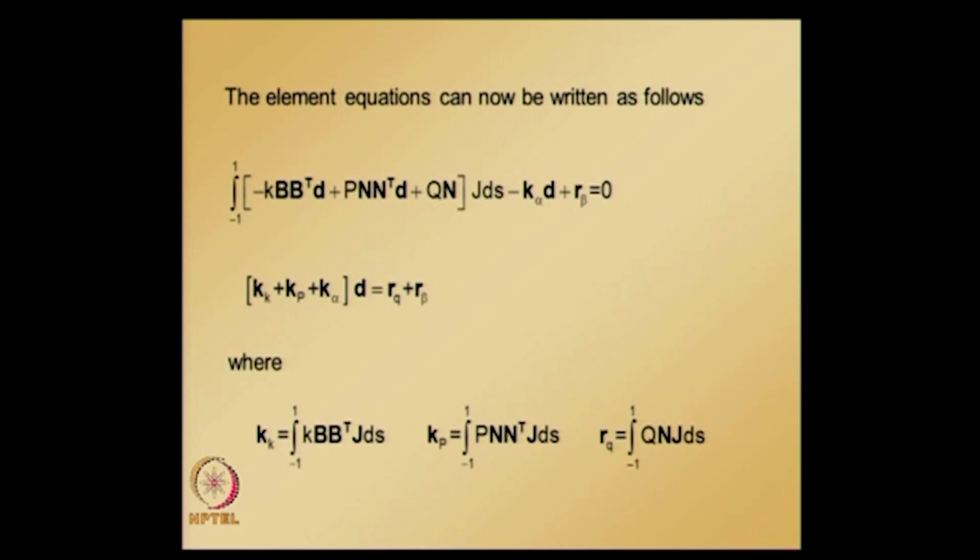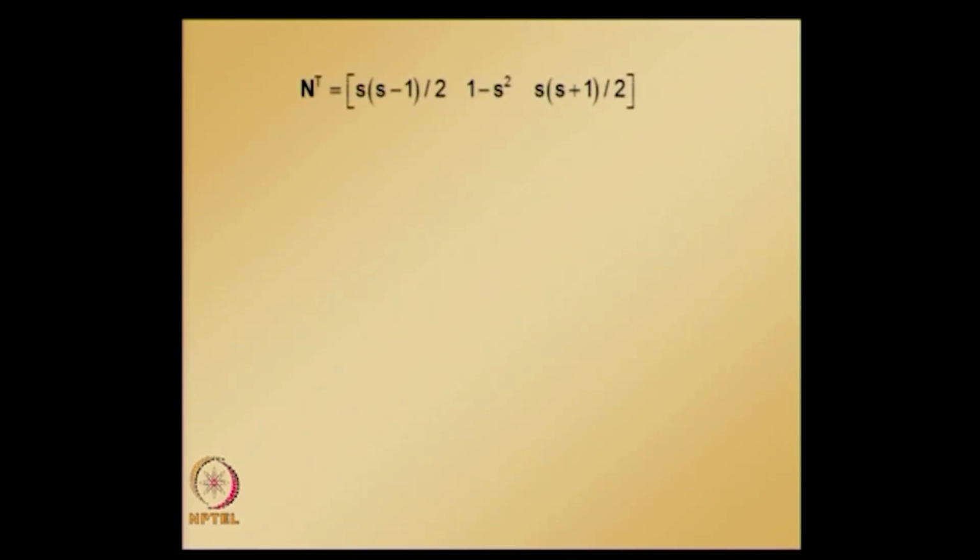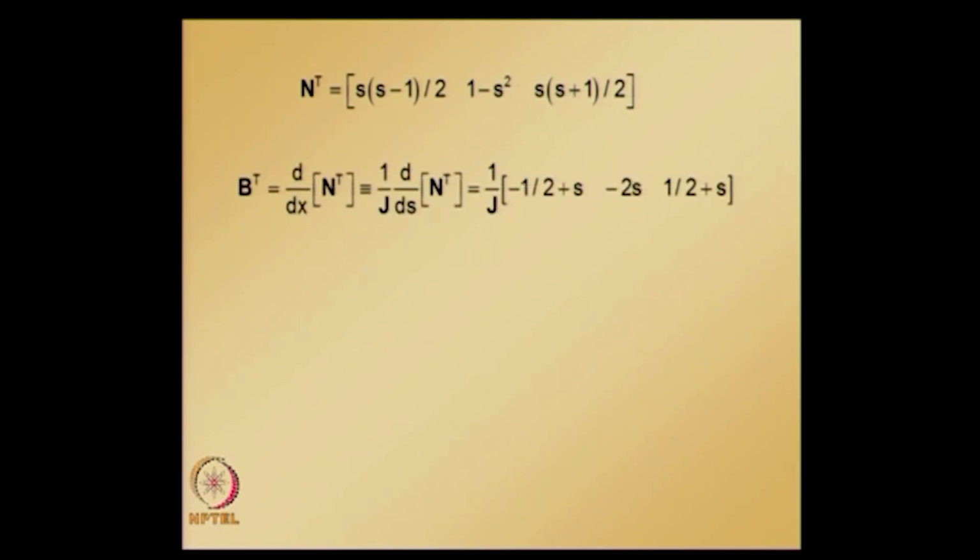So, we will further simplify and try to figure out what b transpose is and n transpose is, because we require those to perform this integration from minus 1 to 1. n transpose is defined like this, and b transpose is nothing but the derivative of shape functions with respect to x, defined like this, where the Jacobian J is obtained once we know the nodal coordinates of all the 3 nodes.